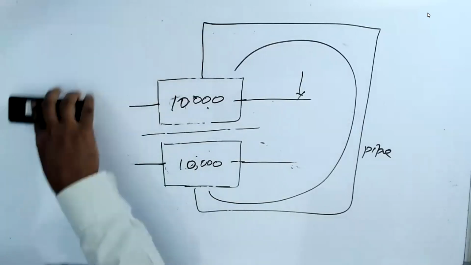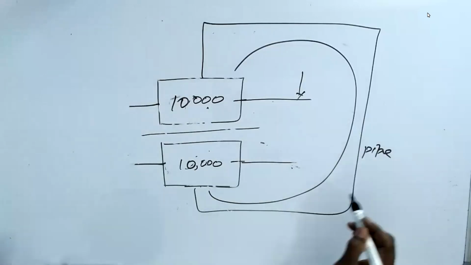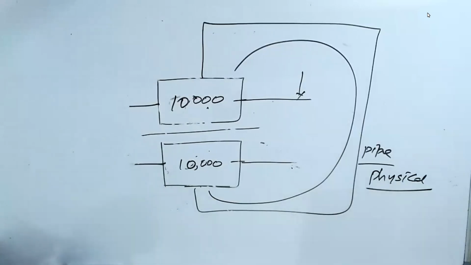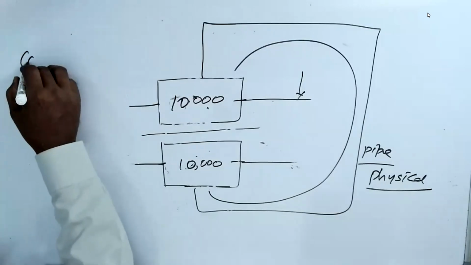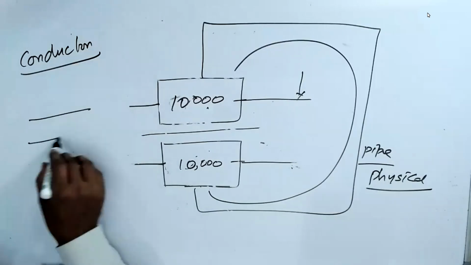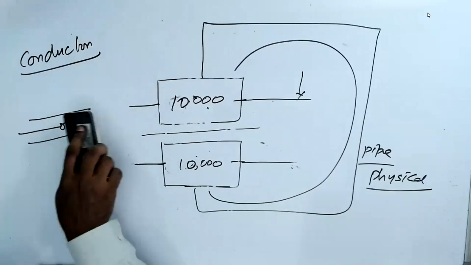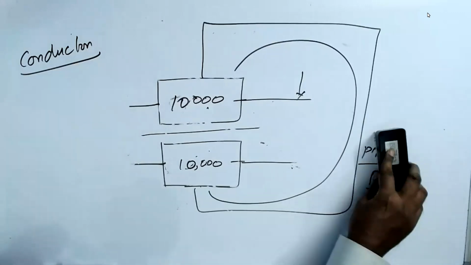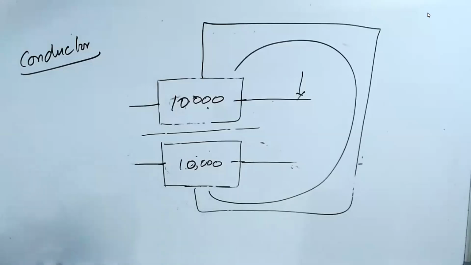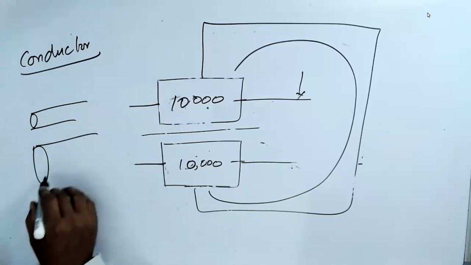For that, this pipe is a physical one. That's what you call a conductor, which has a small hole, a gap, through which electrons can flow. Now, how the electron flows through the pipe itself depends on the size, this size, or this size, or this size.